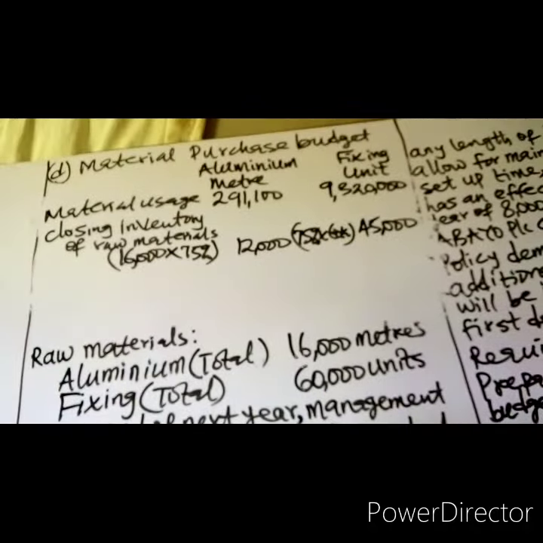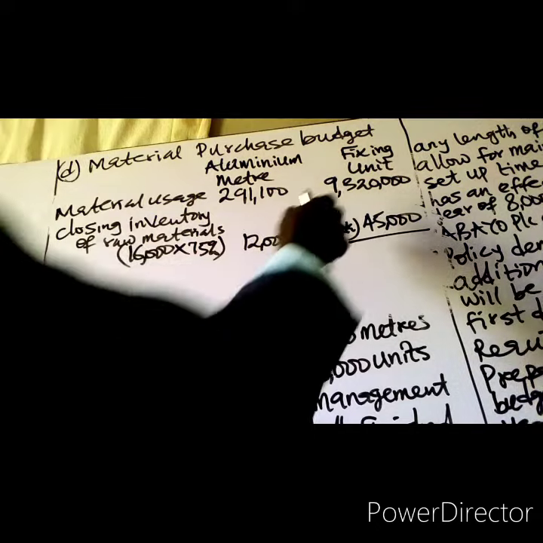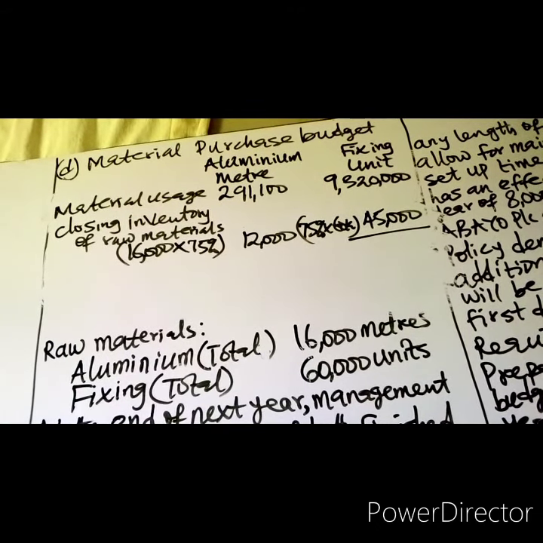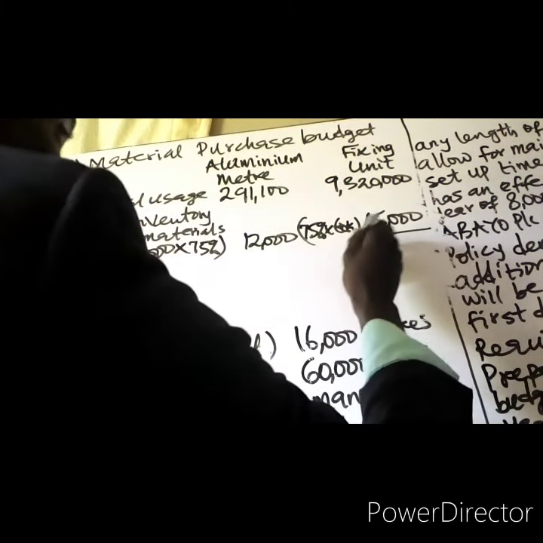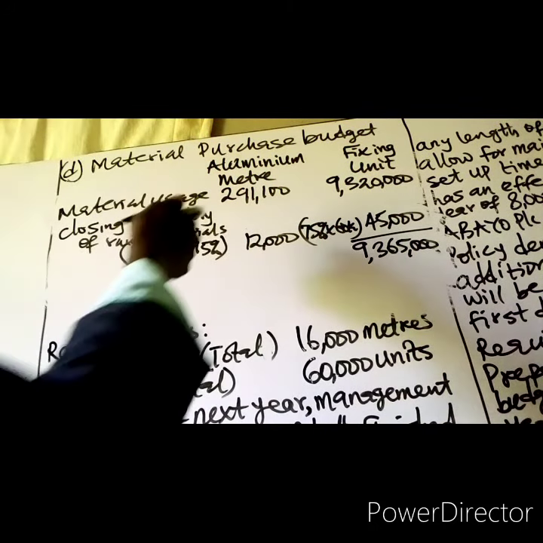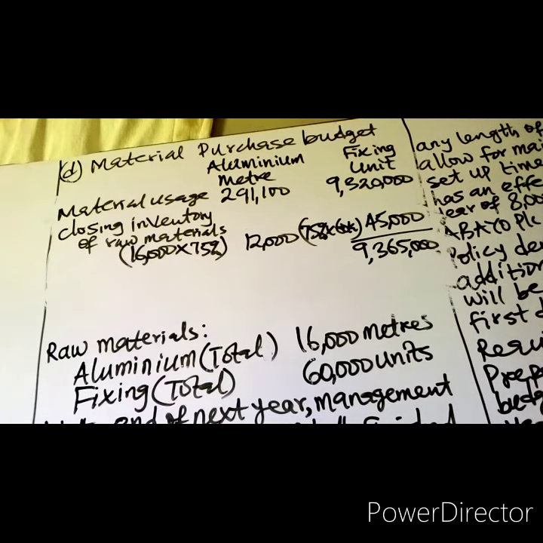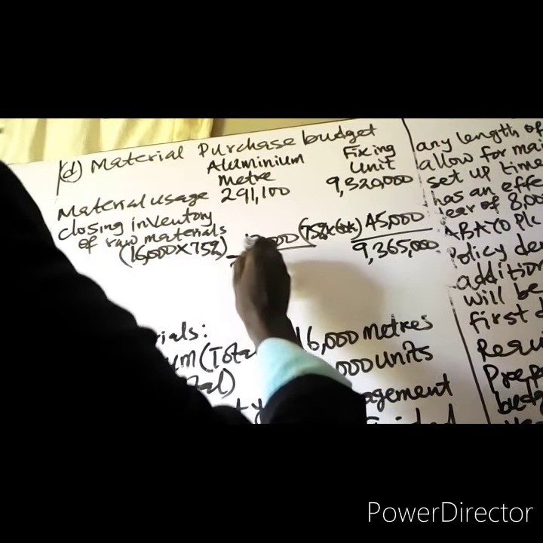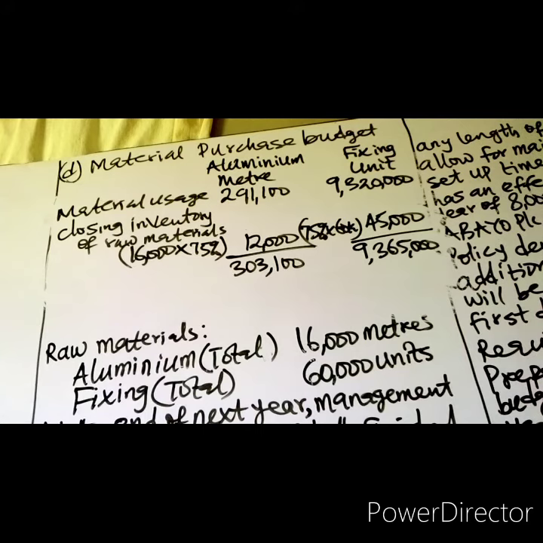The closing inventory of fizzing is 45,000 units. You add the closing inventory to 9,320,000 and get 9,365,000. That of aluminum, 291,100 plus 12,000 gives 303,100.